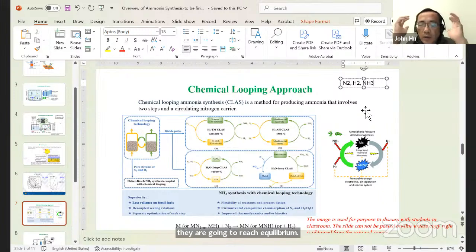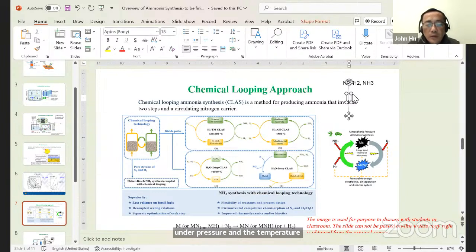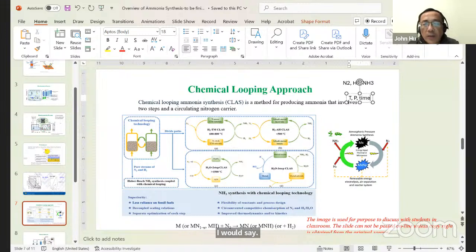So when I talk about thermodynamics, I mean all three molecules have to be present in one vessel at a given time, under temperature and pressure, and then they are reaching equilibrium.